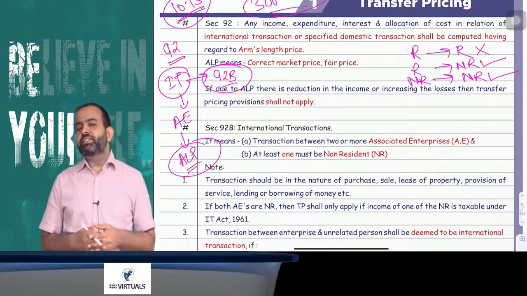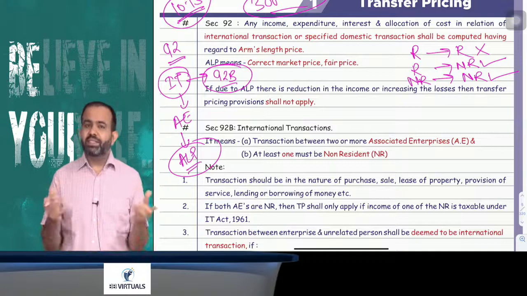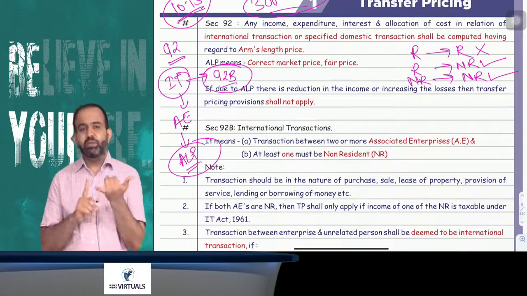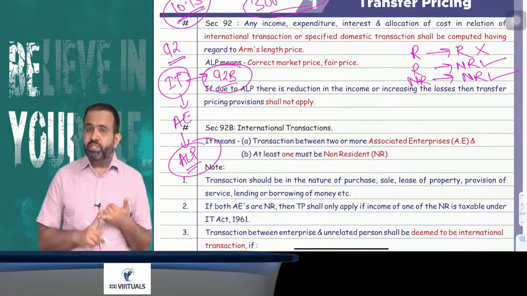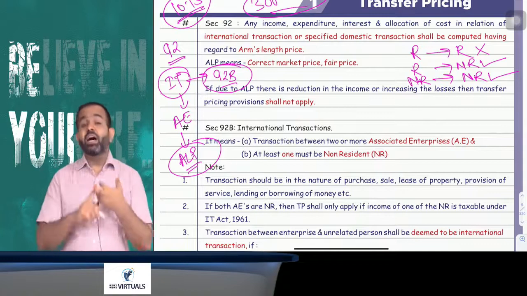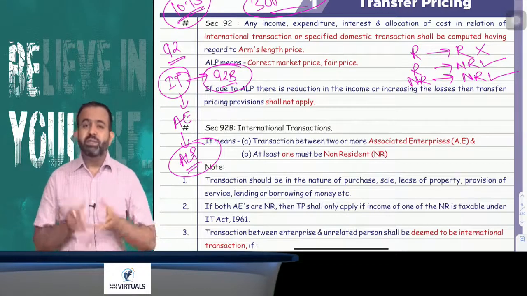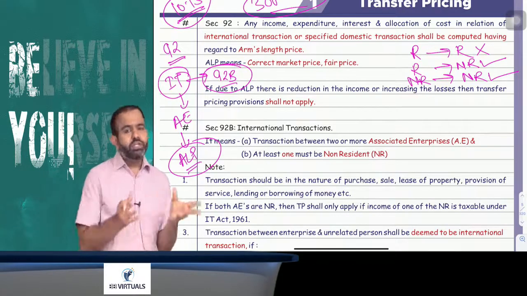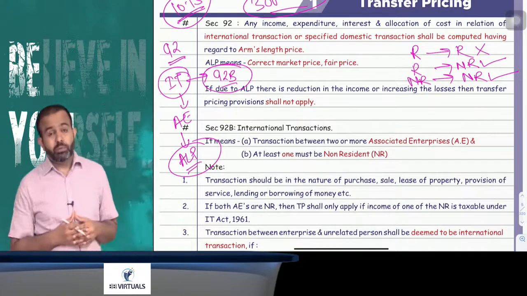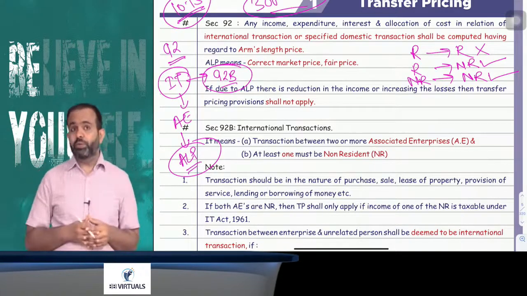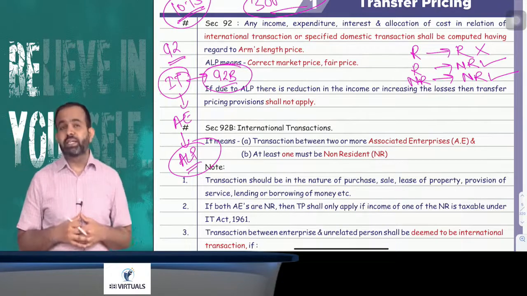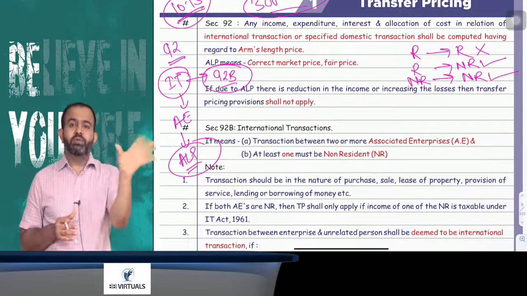Now the question is, sir, what is the meaning of transaction? Transaction means either a sale transaction, purchase transaction, provision of service transaction, as well as allocation of cost transaction. Now what is the meaning of allocation of cost? I can take one example. Suppose there is the Unilever group. One holding company is located in the UK, that is UK Unilever Limited.